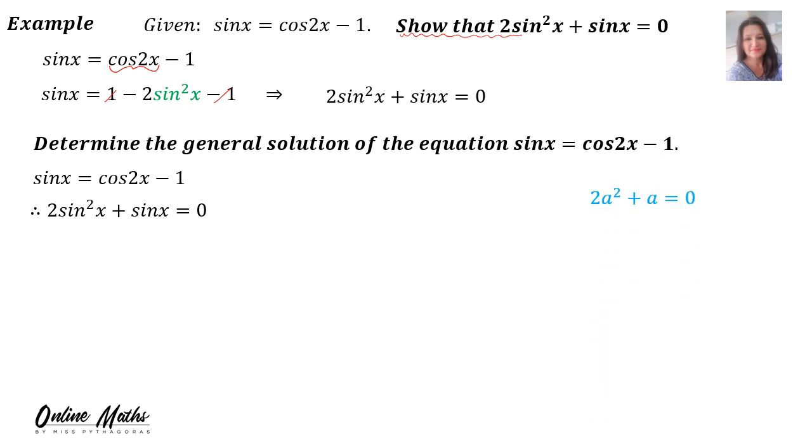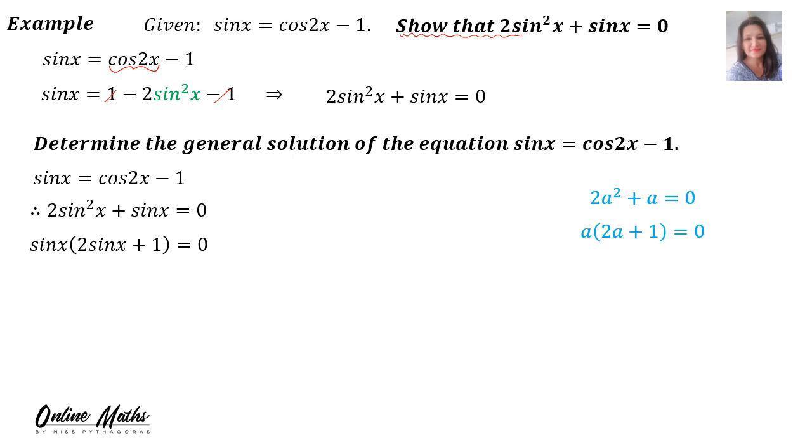So first, let's find the corresponding algebra. In algebra, that will be 2a squared plus a is equal to 0. And we will take out a as a common factor and we're left with 2a plus 1 equals 0. So back in trigonometry, we can factorize by taking out sin x as a common factor, and we're left with sin x, bracket, 2 sin x plus 1 is equal to 0.